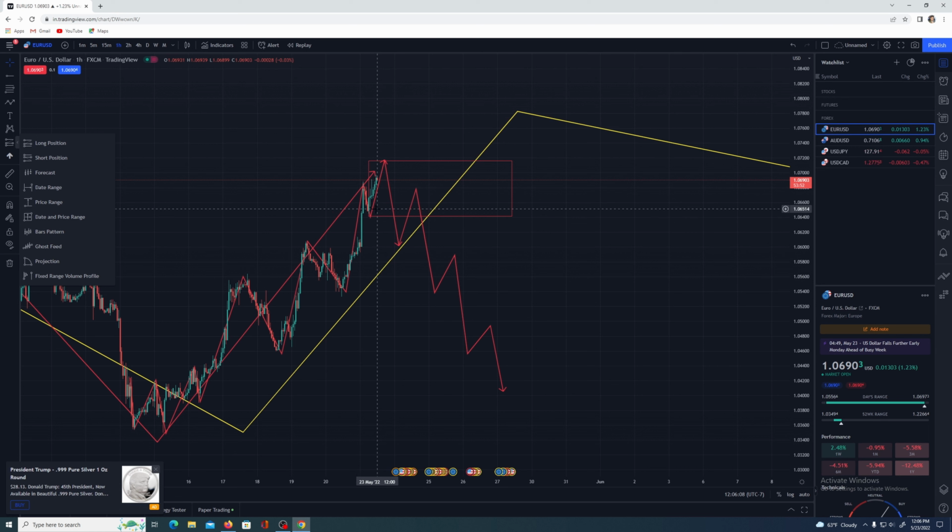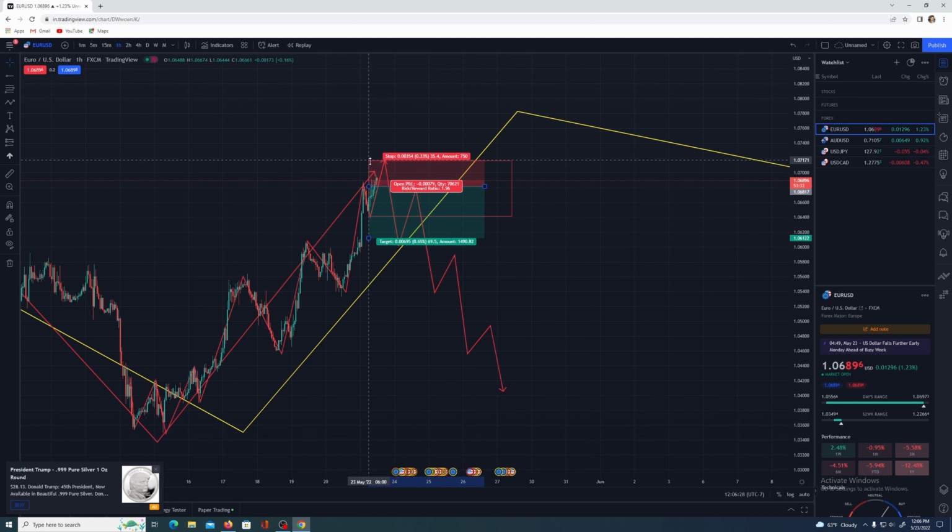So to continue, as this break of structure happens to the downside, we know that when it happened over here, we would have been waiting for a short position at the 50% of this block with the stop loss above the high, right? First we should be targeting the last 1-hour low right here.